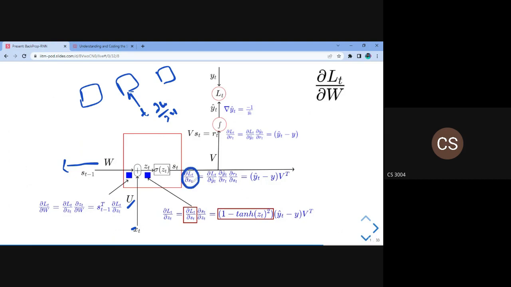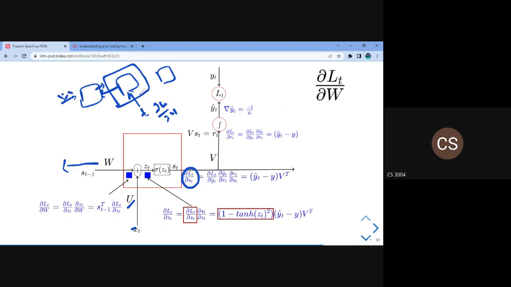I need to pass this to the previous time step. That's where the accumulation happens. So I first focus on a single cell and compute all these things. Like in the forward prop, I take ST minus 1 and compute ST, and then the process gets repeated.